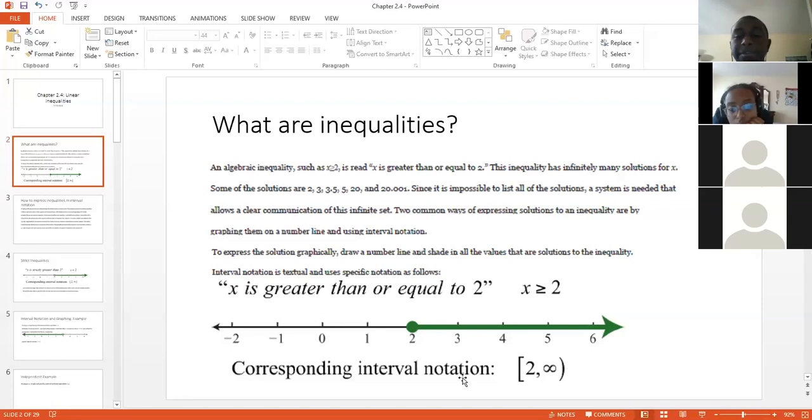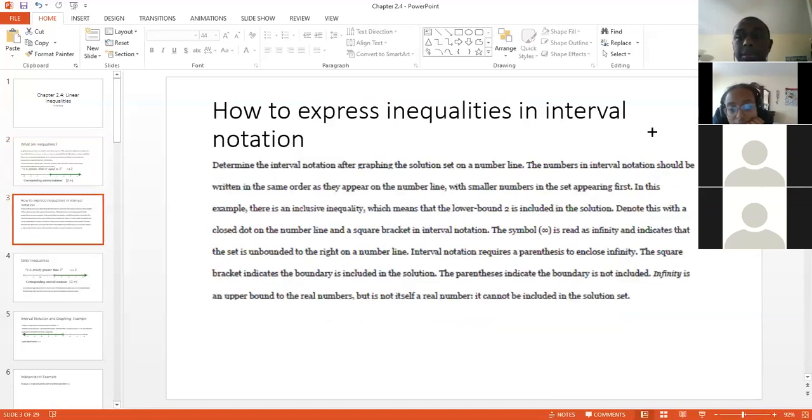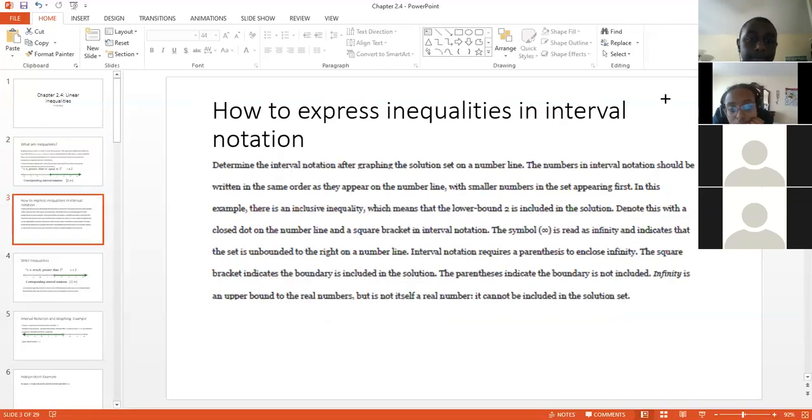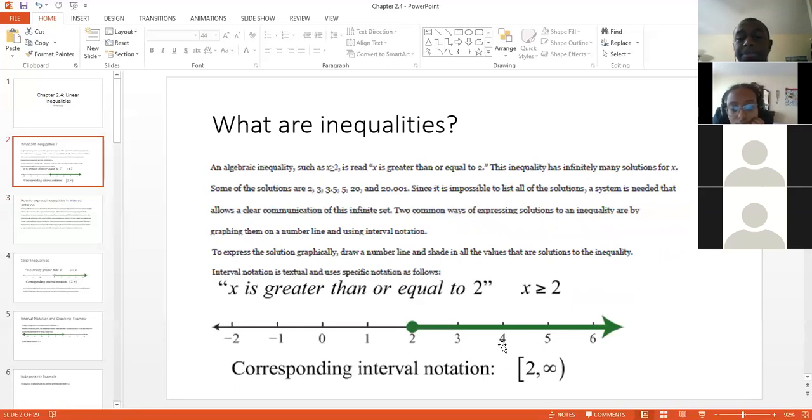Okay, so now we have interval notation. Whenever you have interval notation, after graphing a solution set on the number line, which we did here, the number 2 is the smallest number that x can be equal to.